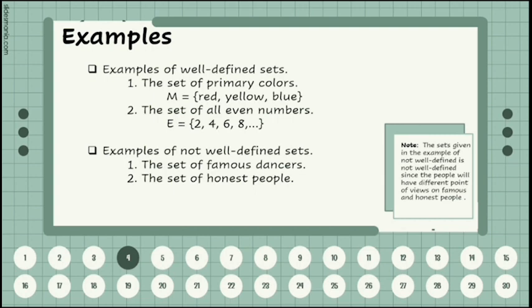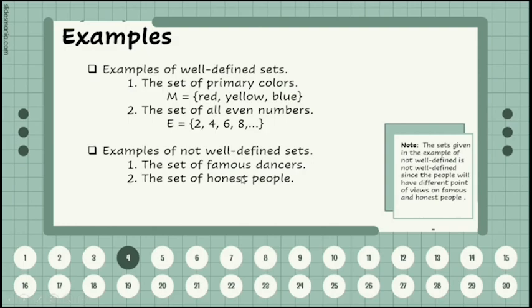An example of a not well-defined set is the set of famous dancers and the set of honest people. So in here we can say these are not well-defined sets since people have different points of view of famous and honest people, and we cannot identify those sets of famous dancers and honest people.